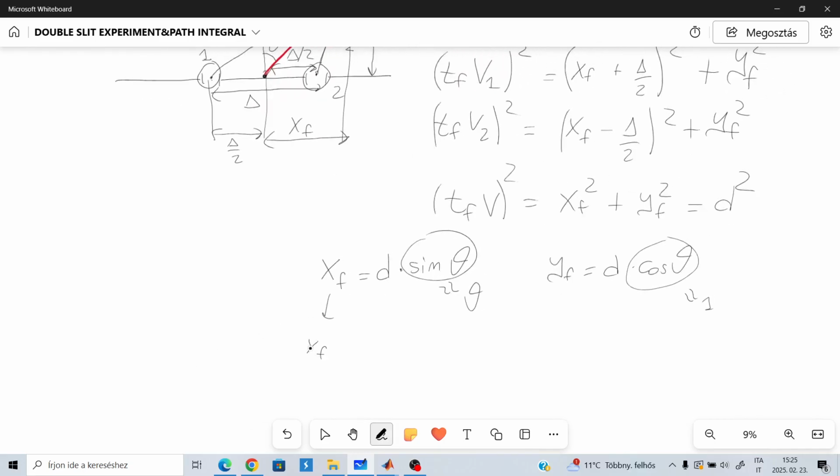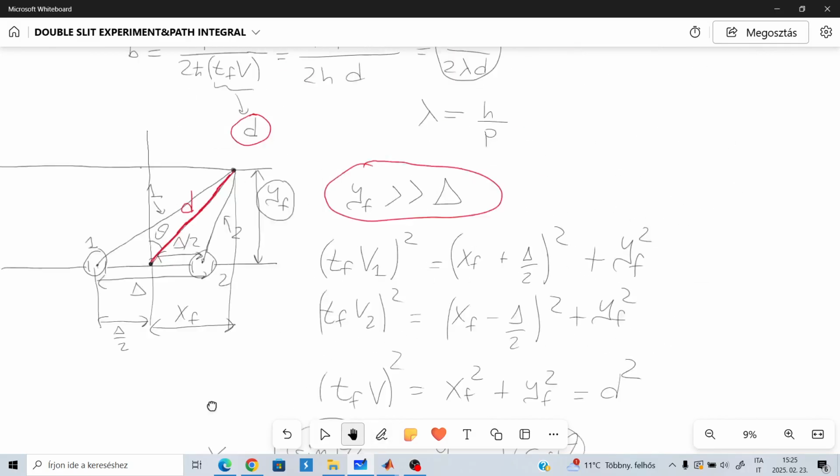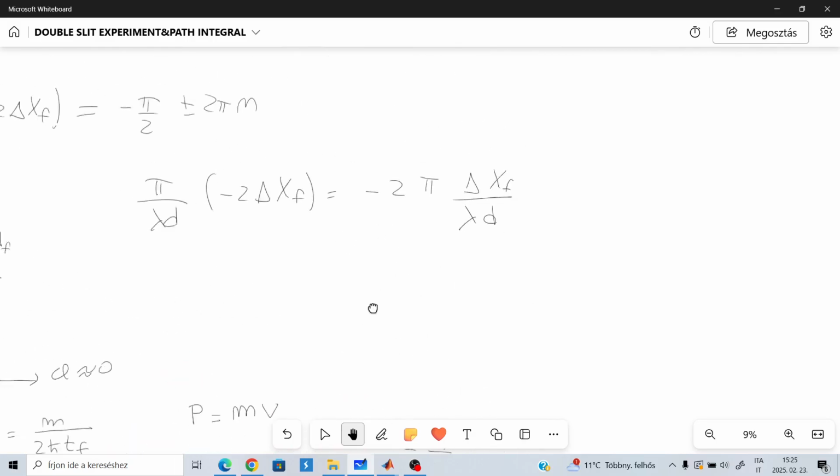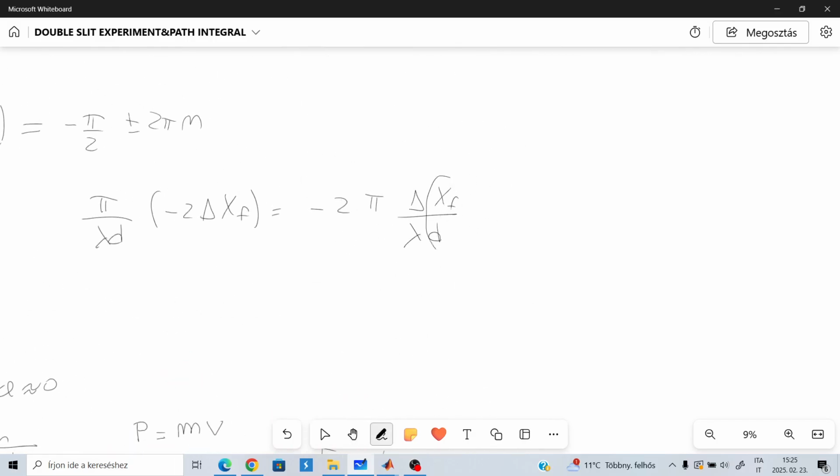xf is approximately equal to d times theta. So this means that xf divided by d is approximately equal to theta. And remember that we set it equal to minus pi over 2 plus or minus 2 pi n.